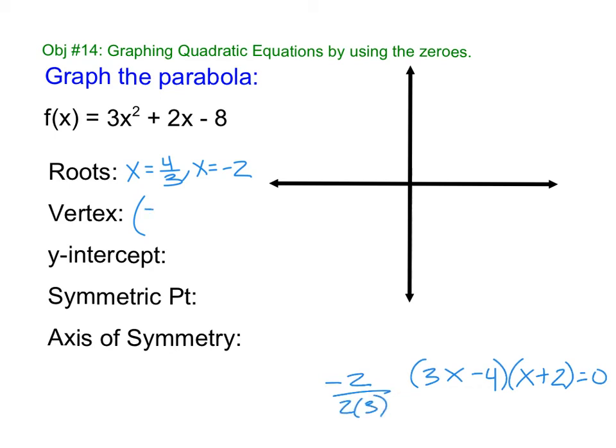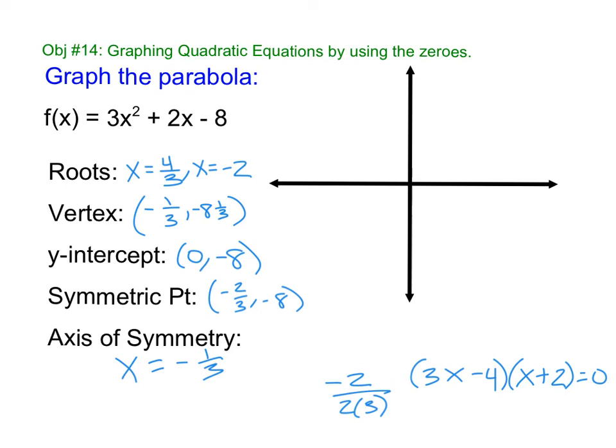So it's -1/3. And then let's see what I get when I plug in. I got -8.3 repeating. So -8 1/3. My y-intercept, 0, -8. Reflect that over -1/3. If you double -1/3, you get -2/3, -8, my axis of symmetry, x equals -1/3.